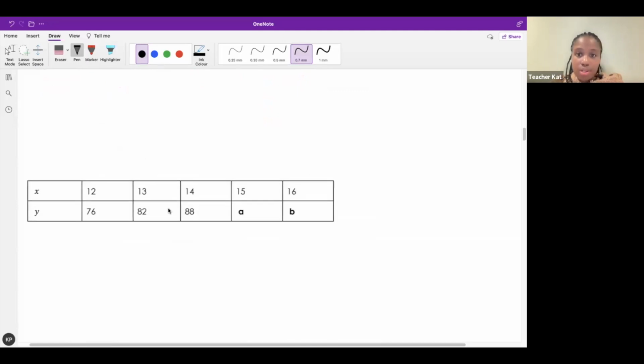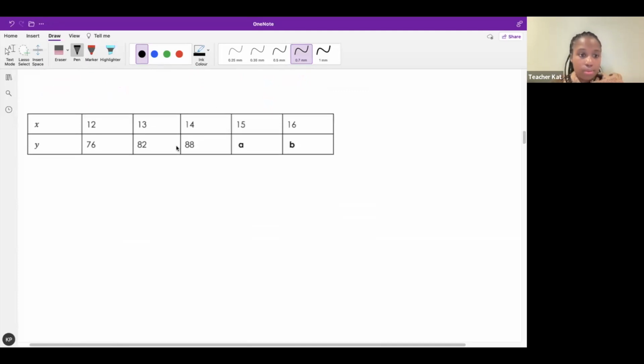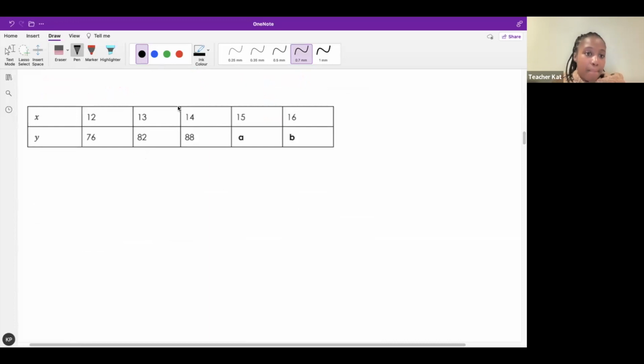Okay, let's see if we can do this one. This time our inputs start from 12, 13, 14, 15, 16. And my outputs are 76, 82, 88. So how am I getting from one output to the next? We said we look at our outputs to determine the rule, right?